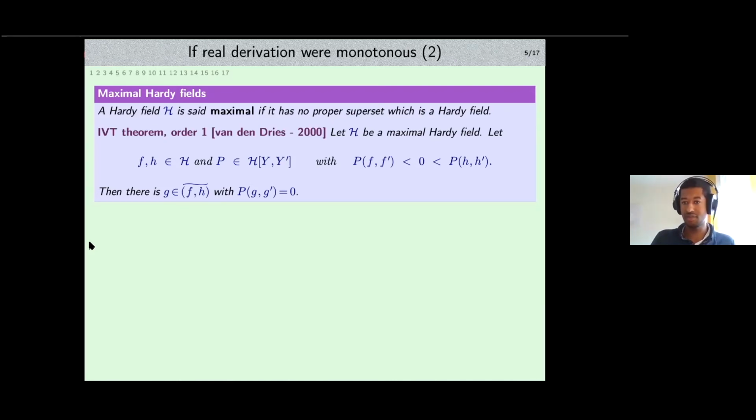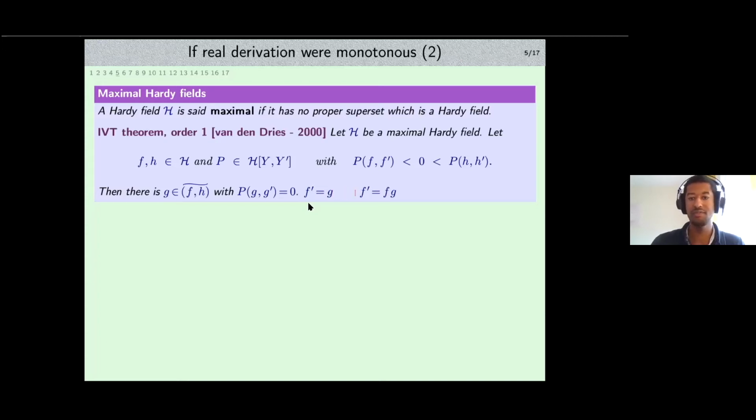They have some nice closure properties, and maybe they have more than that. There is, for instance, an intermediate value theorem, but only of order 1, which is, we have an intermediate value theorem for differential polynomials of order at most 1. And I didn't mention it, but you can also solve f prime equal to g, and f prime equal to f times g.